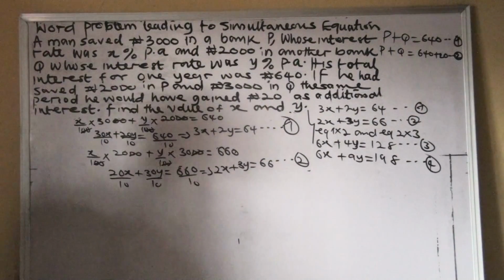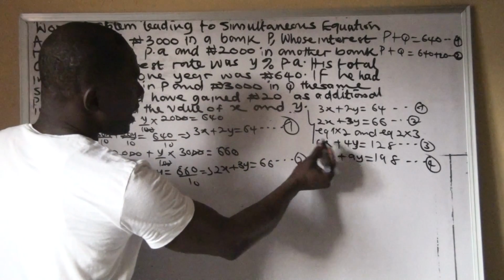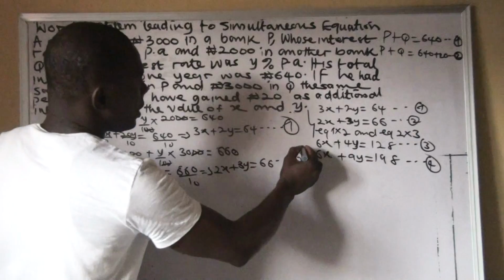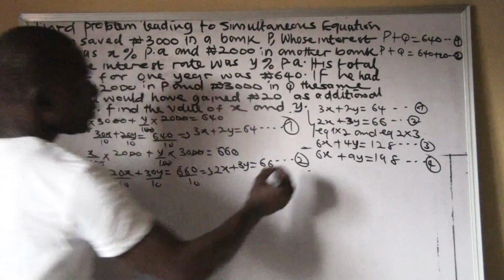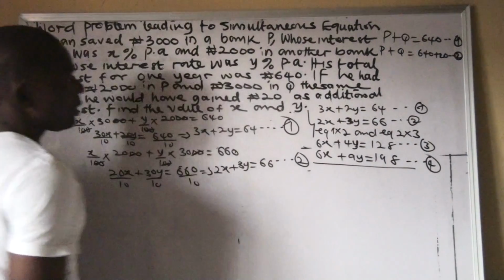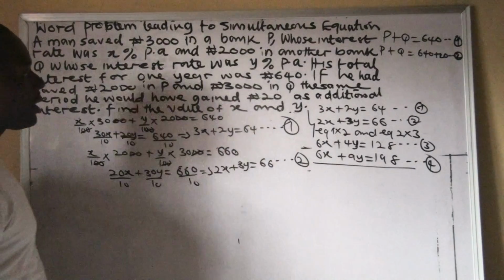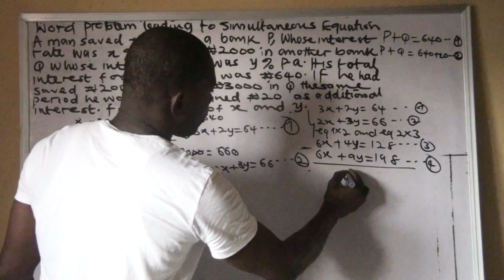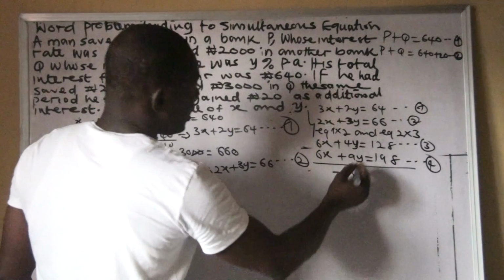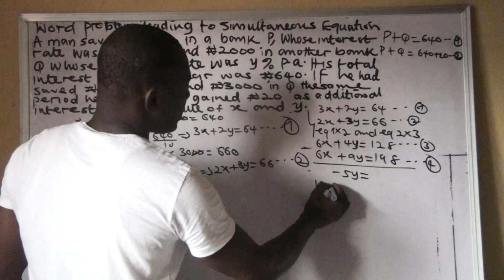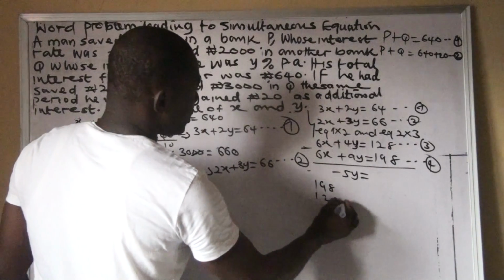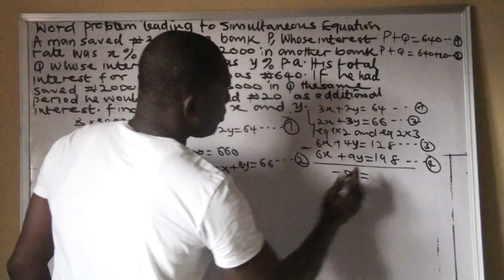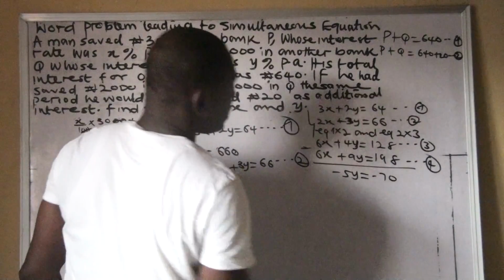Okay, like I said, the next thing to do here is to look at the sign. This is plus plus, so that means we're going to subtract. So 6x minus 6x is off. Then 4y minus 9y will give us minus 5y. Then 128 minus 198 gives us minus 70.